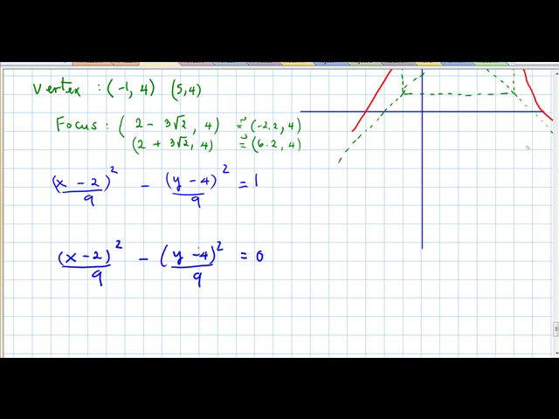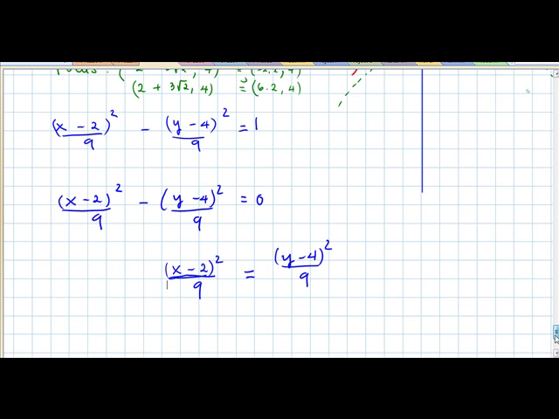Okay, I'm going to add this term to both sides. So I'm going to have y minus 4 squared over 9. Let's cancel the 9, then multiply 9 over 1 to both sides, so they cancel out.